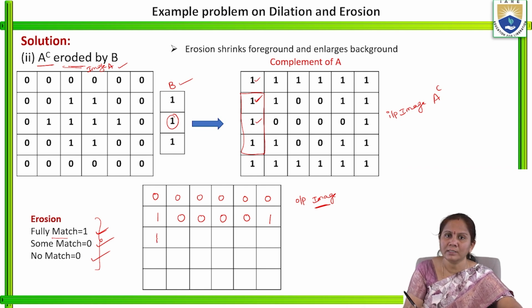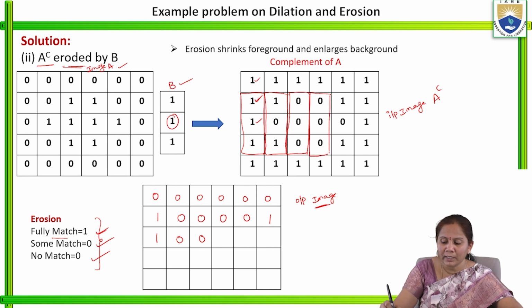So we will put it as 1. Now, shift the structuring element. If you shift, 1, 0, 1, it is not 1, 1, 1. So it is partially matched. Put it as 0. Similarly, if we shift the structuring element, all are zeros here. There is no match. So it is 0.